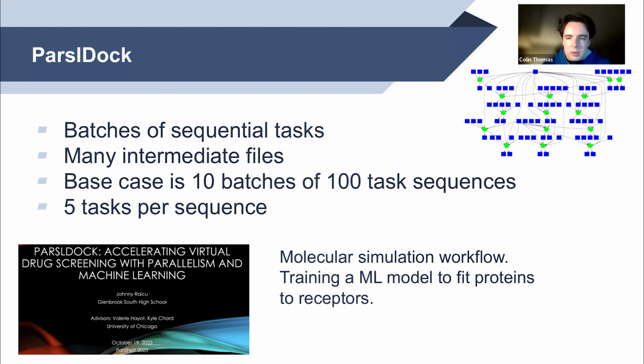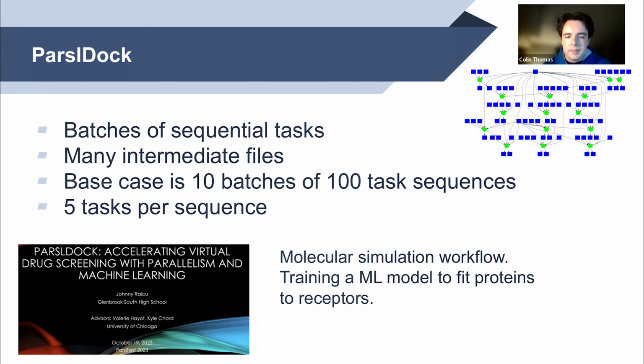And a little bit about the workflow here. This DAG here actually is a pretty small version of an example of this application. It has five layers of sequentially dependent tasks. This is very small. If we were to scale this up to a normal run, it would be much larger horizontally. But these five sequentially dependent tasks create a lot of intermediate data, as you can see from all those blue squares.